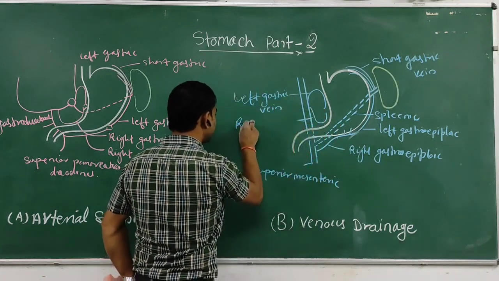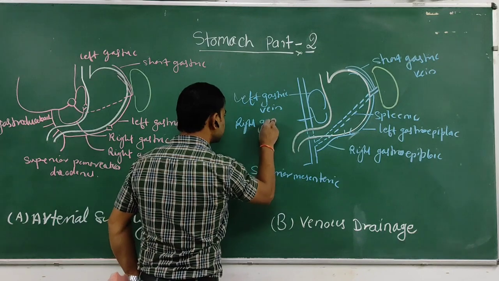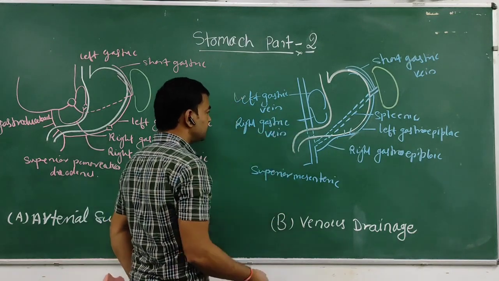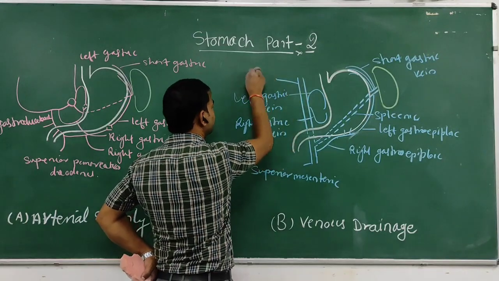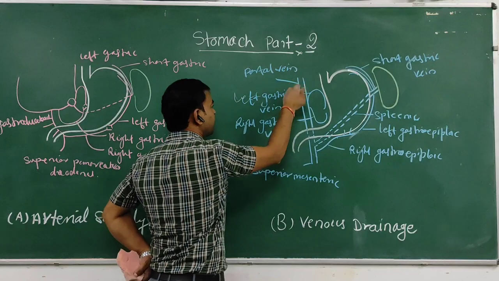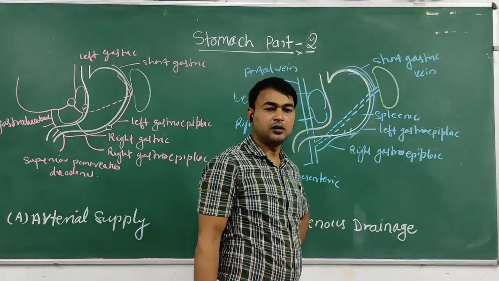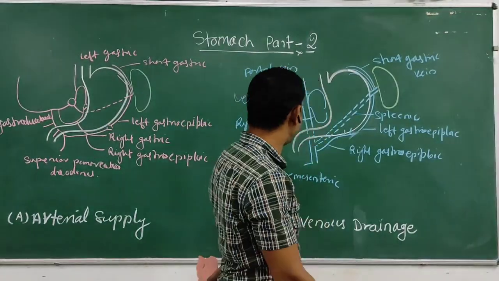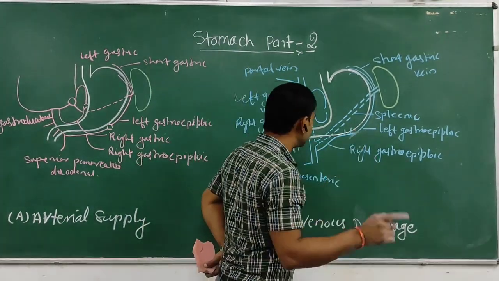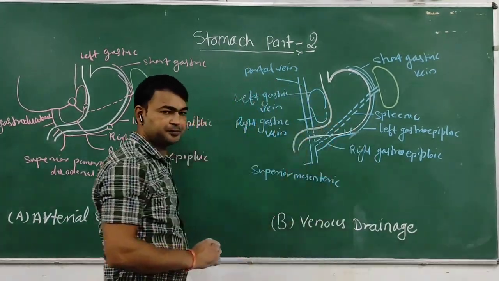So this is the right gastric vein directly drainage to the portal vein. So this is the portal vein, and portal vein drainage to the liver to the porta hepatis. So this is the portal venous drainage of the stomach.